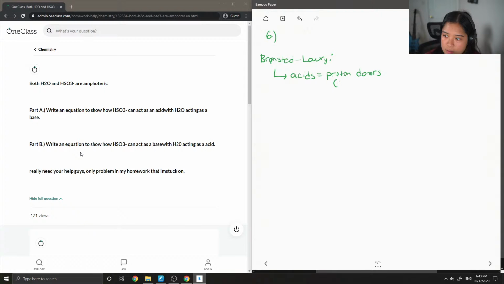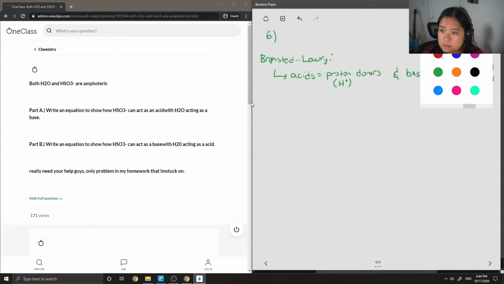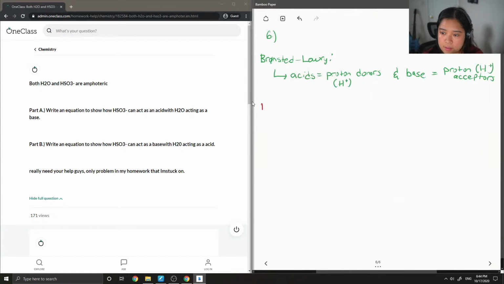So protons are just your H+, and your bases are proton acceptors. So the first one, we want the water acting as a base. So let's do part A.